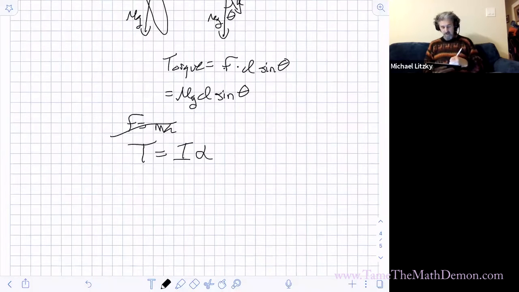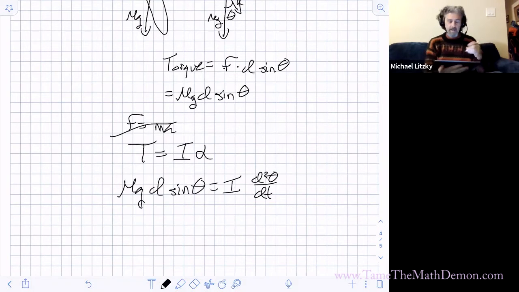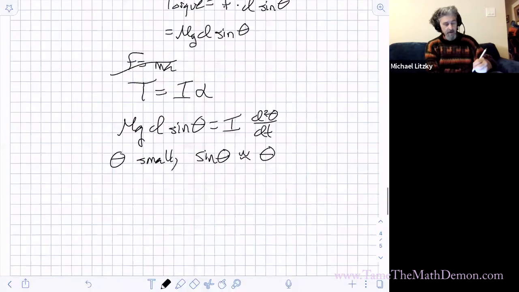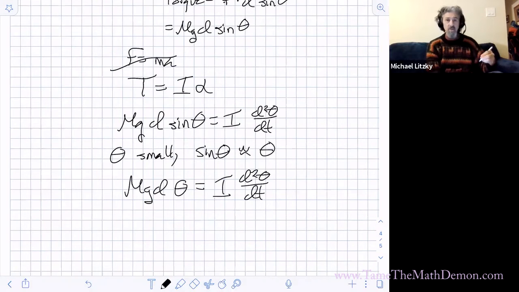And the torque, we just said, was mgd sine theta equals I, and the angular acceleration is the second derivative of theta with respect to time. Now here's where we do what always used to look like cheating to me. When theta is small, sine theta is just about equal to theta itself. So we put in mgd theta equals all that stuff, and we have a differential equation.